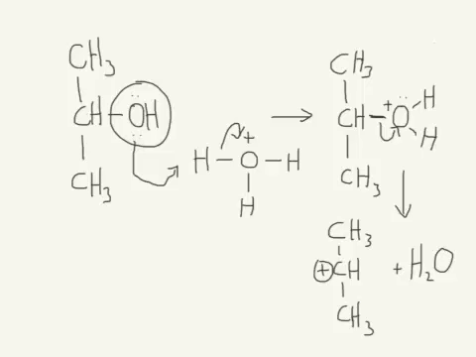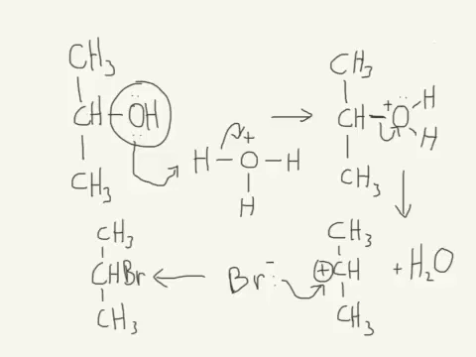And with that carbocation formed, it's really easy for a halide to come attack and form a bond to that positively charged carbon. Notice that this is an SN1 reaction, because we're substituting one group for another and we're going through a carbocation intermediate.